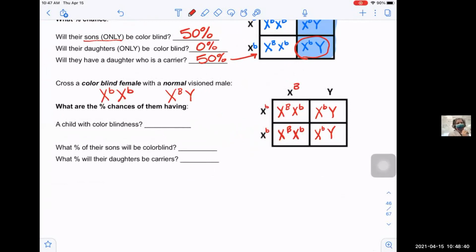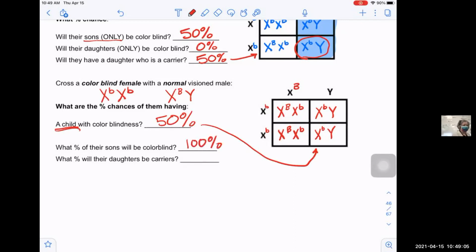That's good. All right. What are the percent chances of them having a child with color blindness, either sex? 50%. Right? It's the same chance of having a male, 50%. What percent of their sons only will be colorblind? 100%.